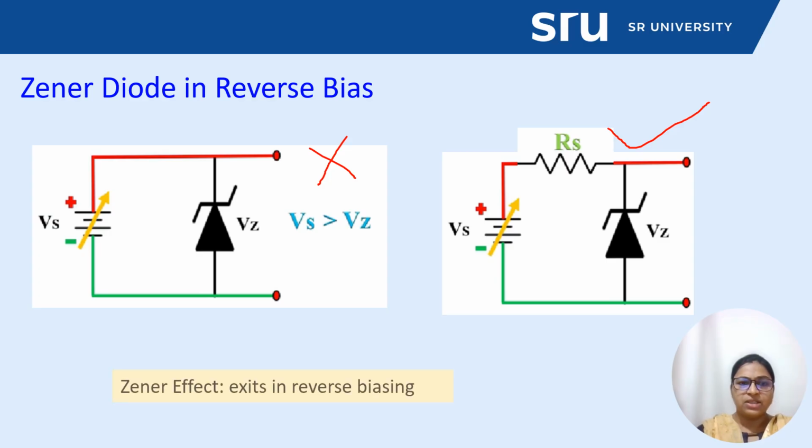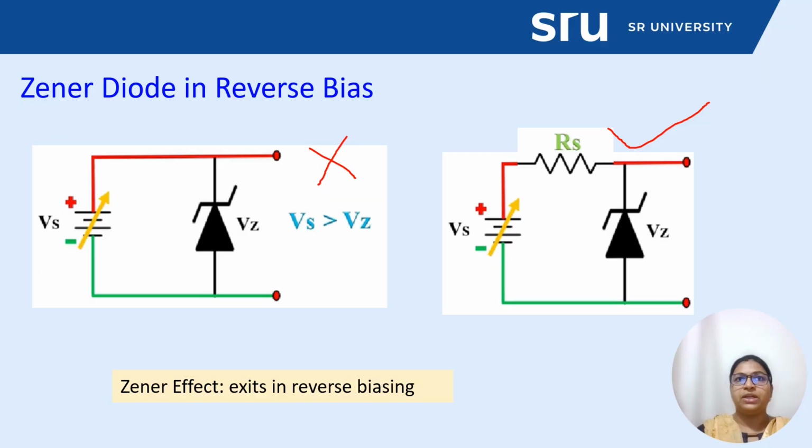The Zener effect actually exists in reverse biasing. So what is the Zener effect? The Zener effect is a category of electrical breakdown that exists in a reverse biased PN junction diode. The strong static field allows electrons to move from the valence band to the conduction band of a semiconductor.